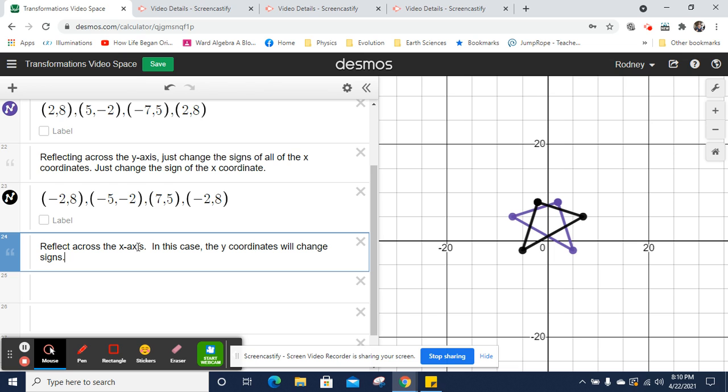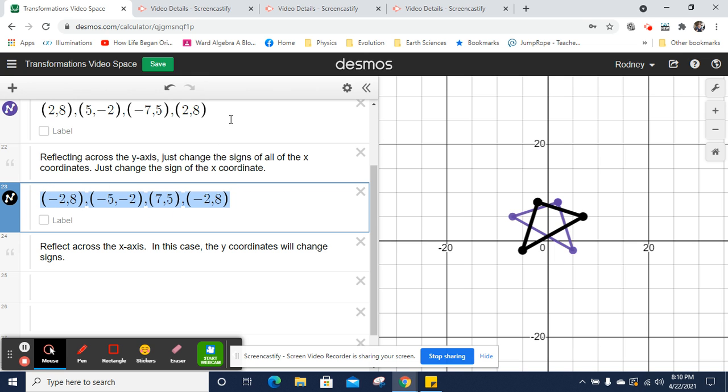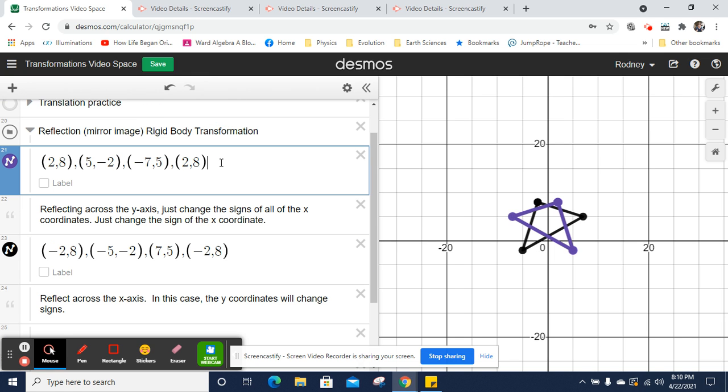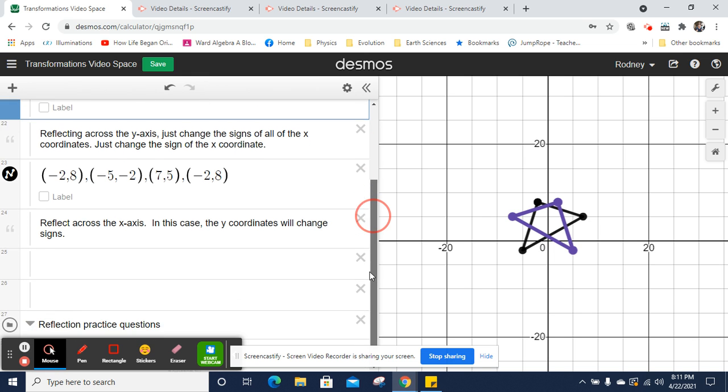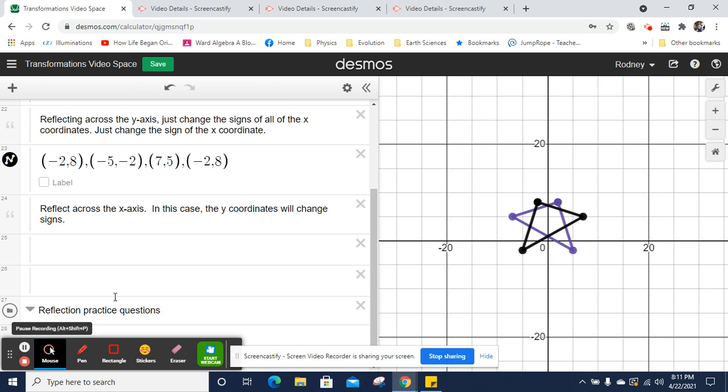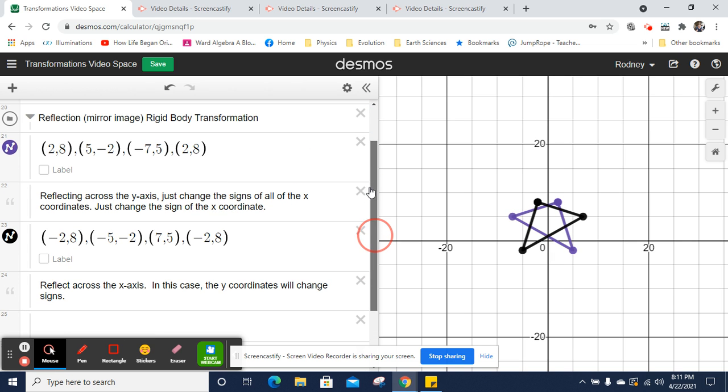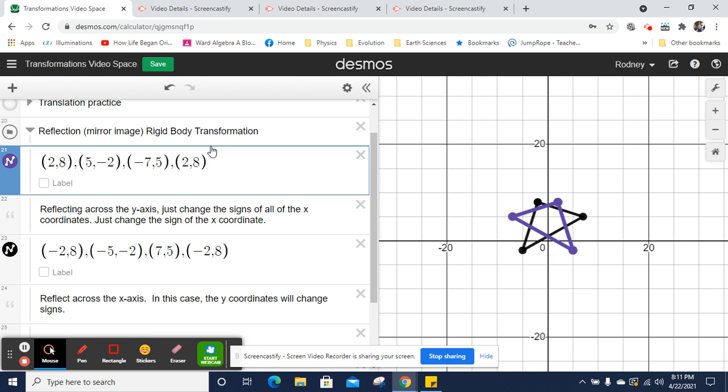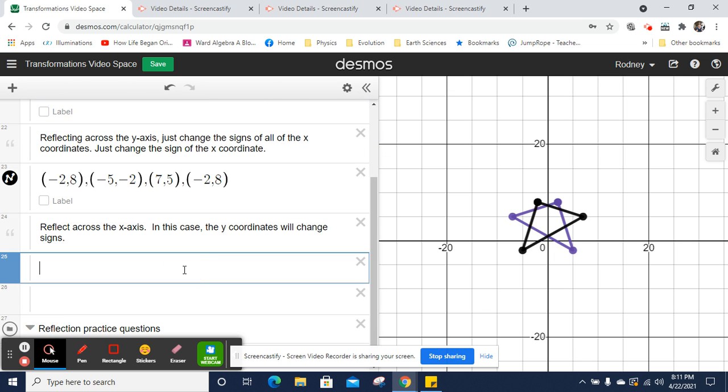Okay, so I could reflect this one or reflect this one. I think I will go ahead and reflect this one. I'll actually reflect both of them. I'll reflect my original object, and I'll also reflect my image, okay, just for good measure. Now to do that, first I'll go ahead and grab my original object, reflect that one.